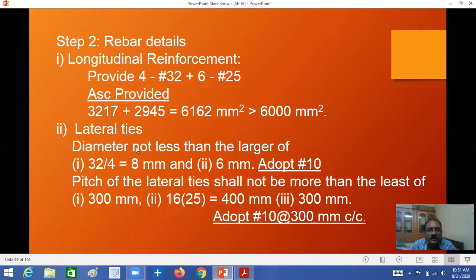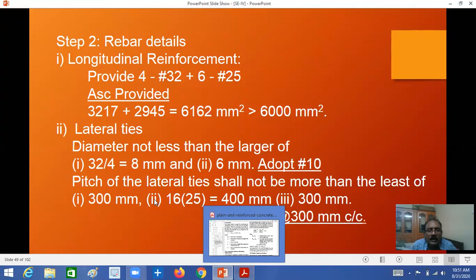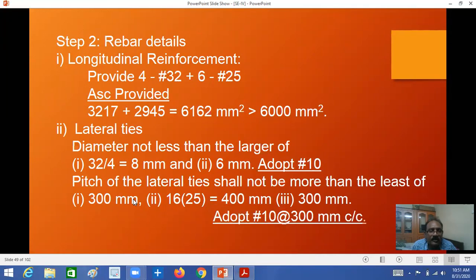Now lateral ties. What are the lateral ties as per your code book? Diameter not less than the larger of, that is, dia by 4, that is 32 by 4, so 8 mm, or 6 mm. And the pitch of the laterals shall not be more than the least of 300 mm, or 16 into 25, that is 400 mm, or 300 mm.